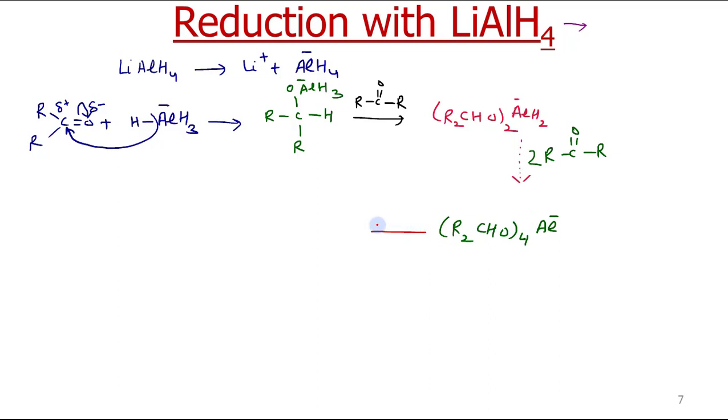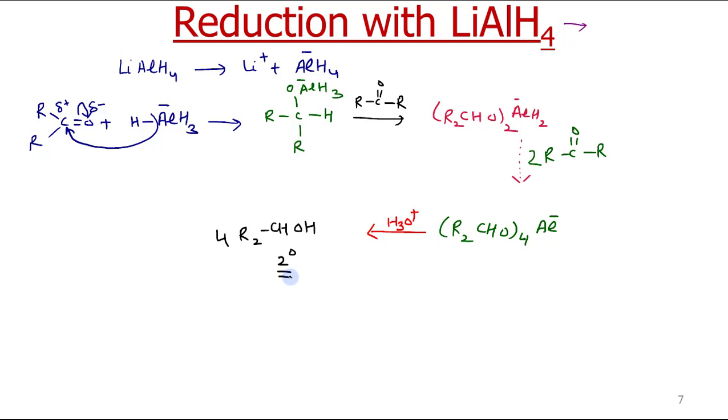Upon hydrolysis with H3O positive, or we can also use water, the product formed will be R2CHOH. Four molecules of R2CHOH secondary alcohols will be formed. So the mechanism is exactly the same.